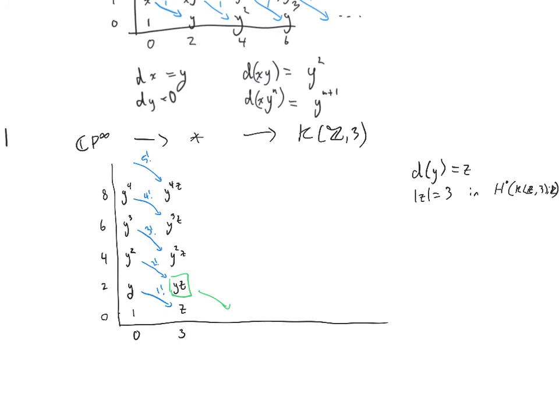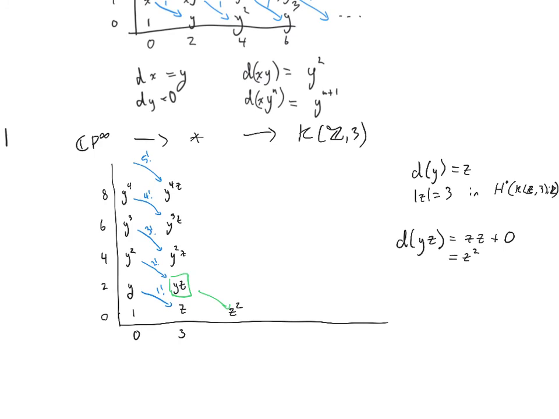And we can now check, well, what's d of yz? Well, it has to be z times z plus 0, so it's z squared. And so I guess we can name that target z squared.